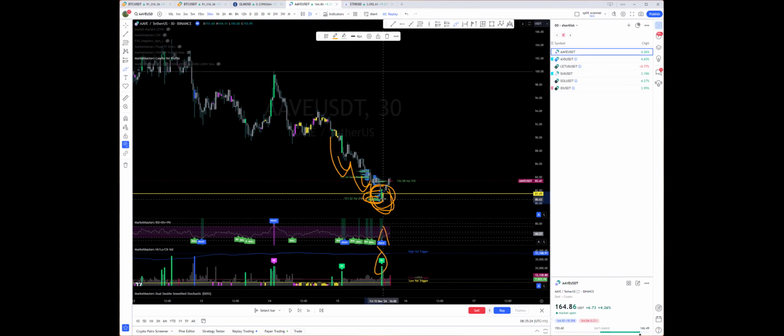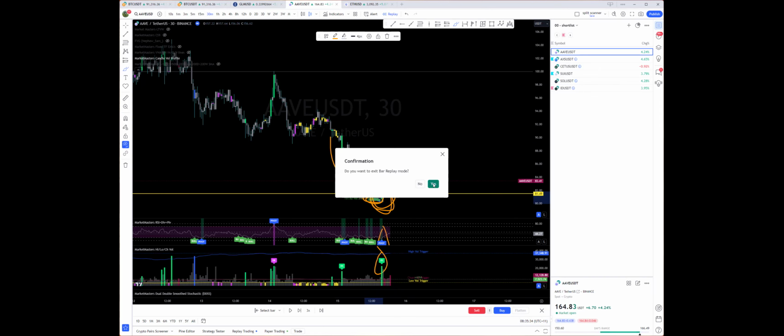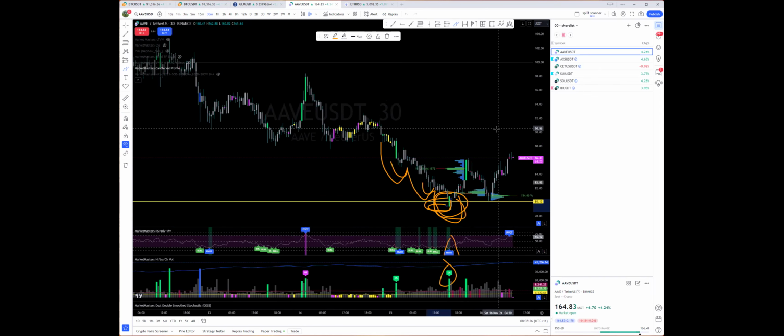There are going to be fewer sellers down here because everyone's already traded out, and so the price just naturally starts moving up. So that one worked out quite well. At the moment I'm at 200% on a 30x, so that wasn't so bad.